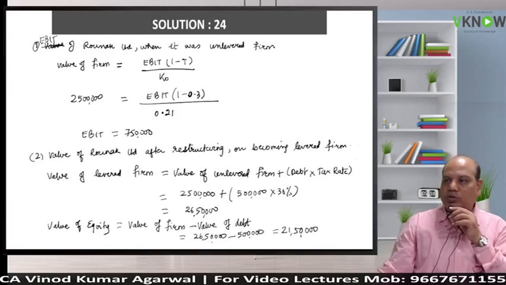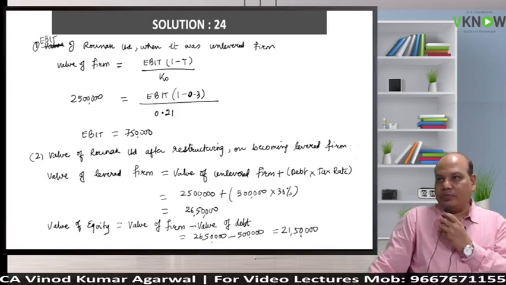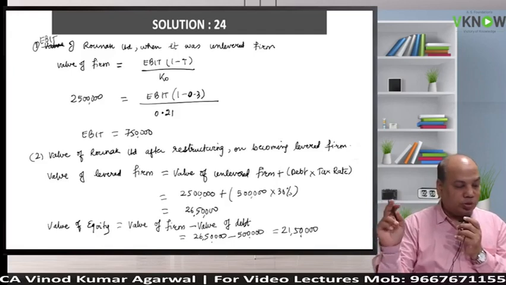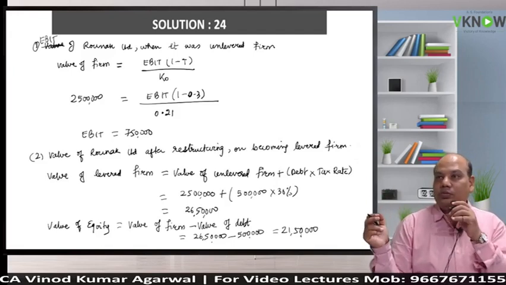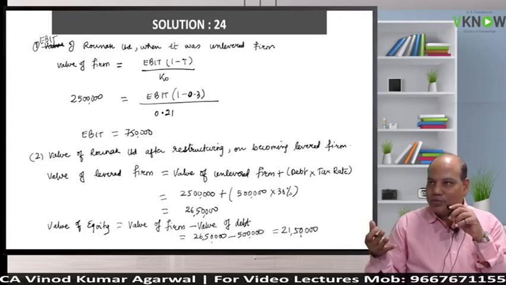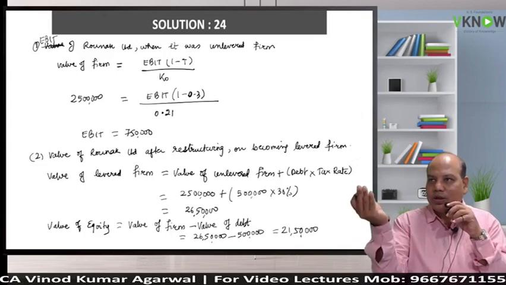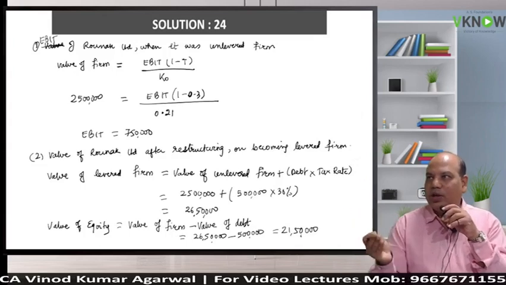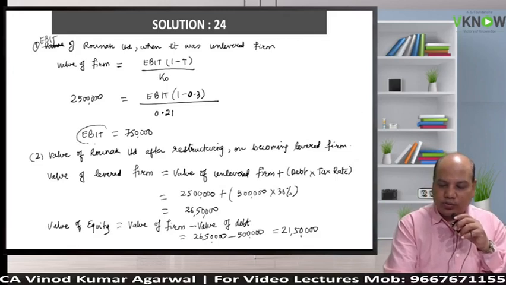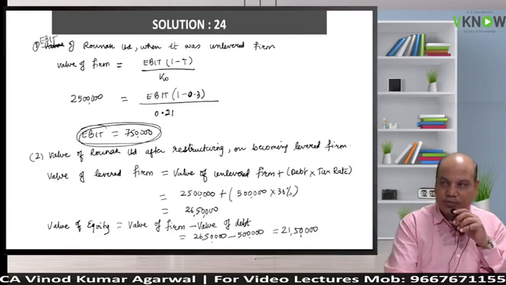Follow the process. Now tell me, in order to get cost of equity, what do I need? Cost of equity and value of equity. Cost of equity I have to find, so I need earning after tax upon value of equity. And to reach earning after tax, I have already calculated EBIT.